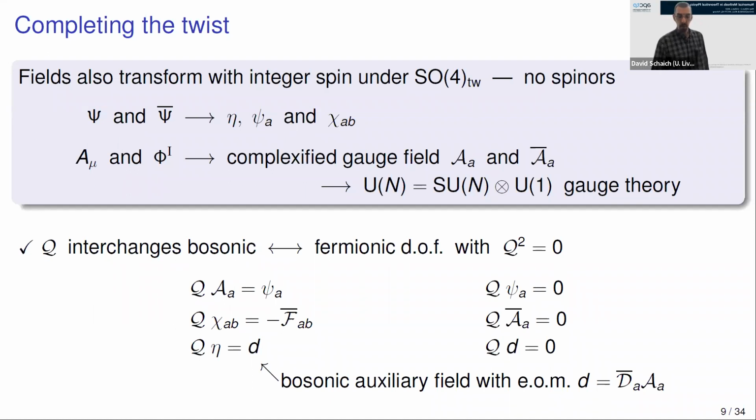And what turns out to be best to do is to combine those 4 plus 6 degrees of freedom into a 5 plus 5 component complexified gauge field, so an A and A bar, that also run over the same 5-component index A. Now, the consequence of working with a complexified gauge field is that the SU(N) symmetry we are interested in is enhanced or promoted to a full U(N) gauge group.